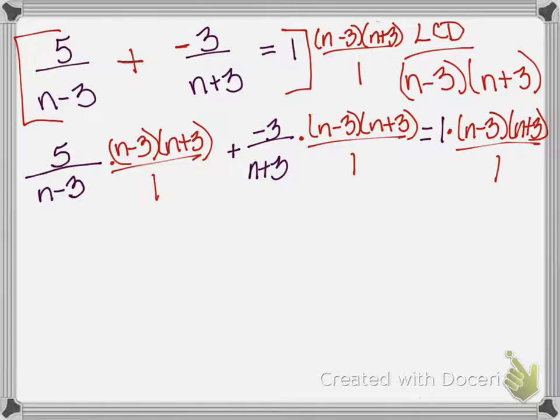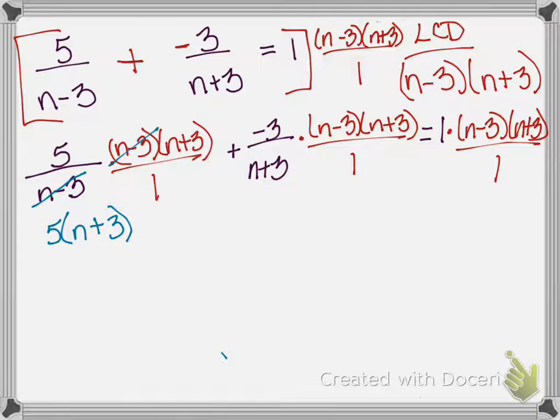Now, this is the step where I eliminate all the denominators, which is the goal when we're solving a rational equation. As long as it's got that equation sign in there, you can get rid of all the denominators. So here I've got n minus 3 and n minus 3, so I'm left with 5 times n plus 3.